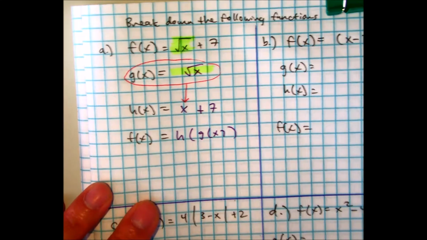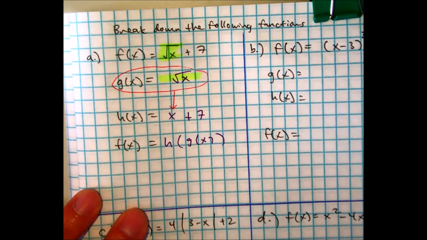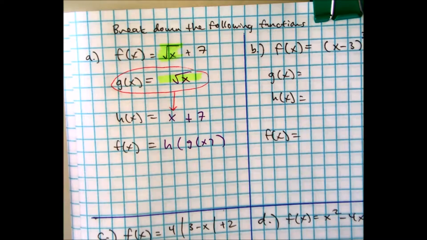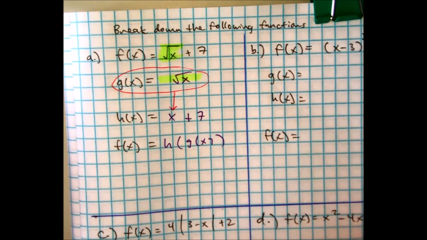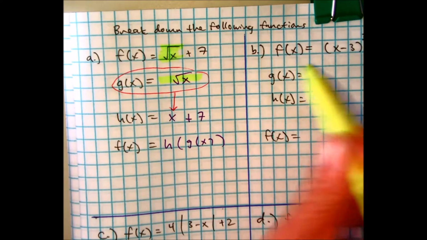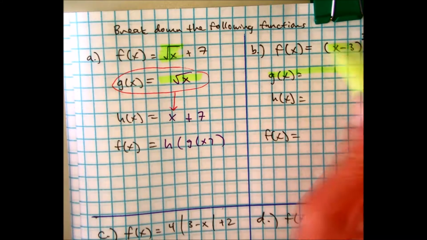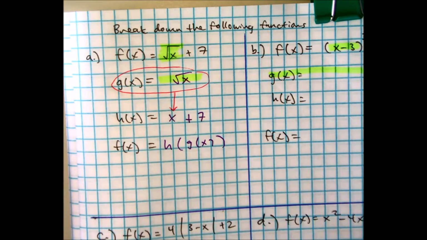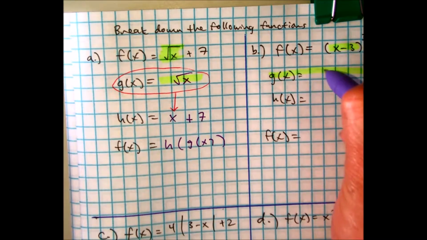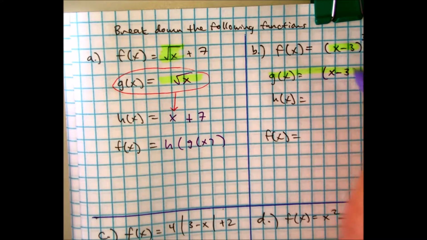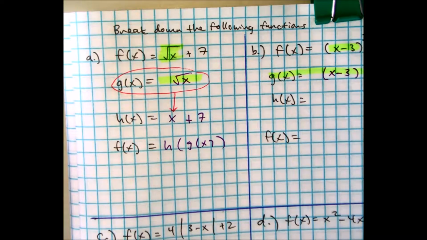Let's try another problem. Put your finger on what you think I'm going to make g of x. I highlighted x minus 3. I'm sorry. I guess you could do that.